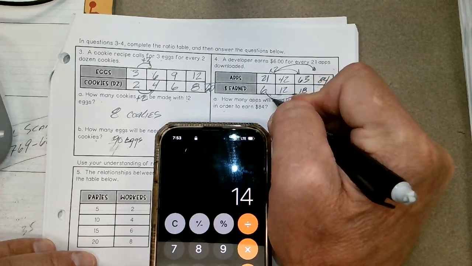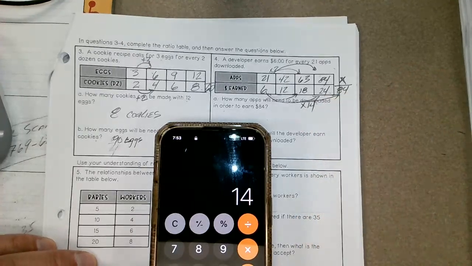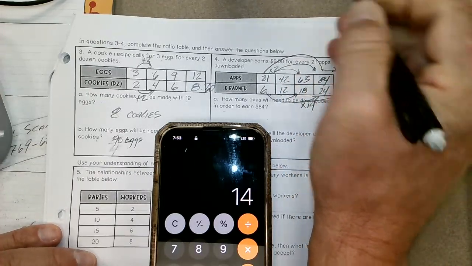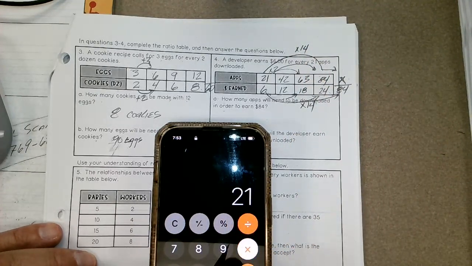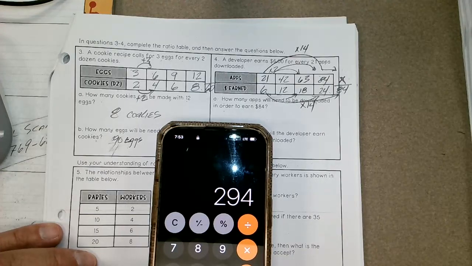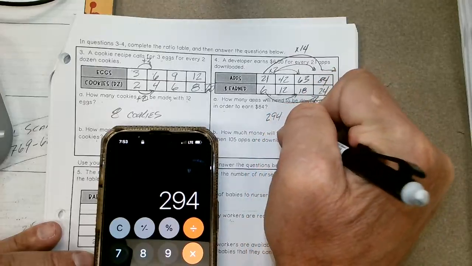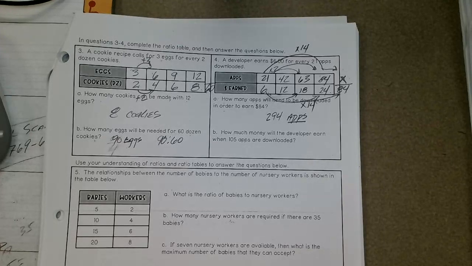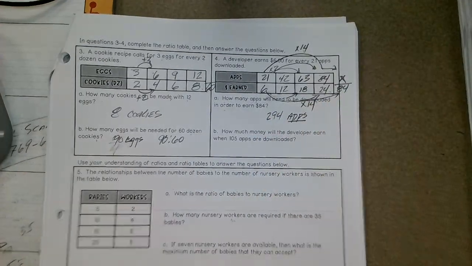So from 6 to 84, we've multiplied it by 14. So I'm going to scale this top up by a factor of 14. What's 21 times 14? We get 294. So that is going to be 294 apps. So it's all about multiplying or adding that number, but it's kind of easier to multiply and use your calculator.